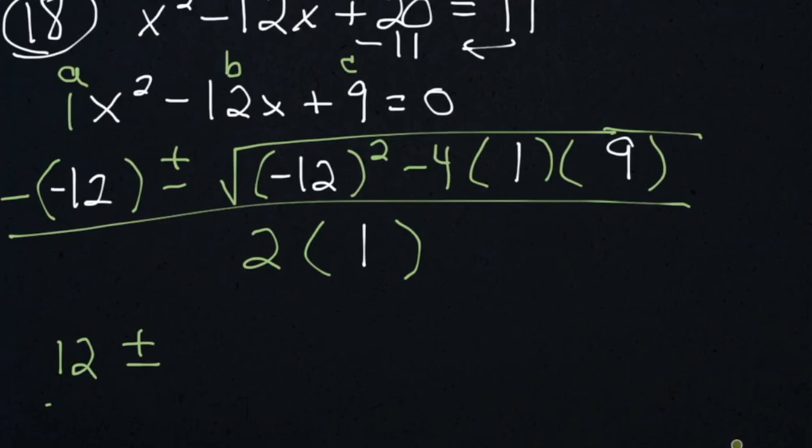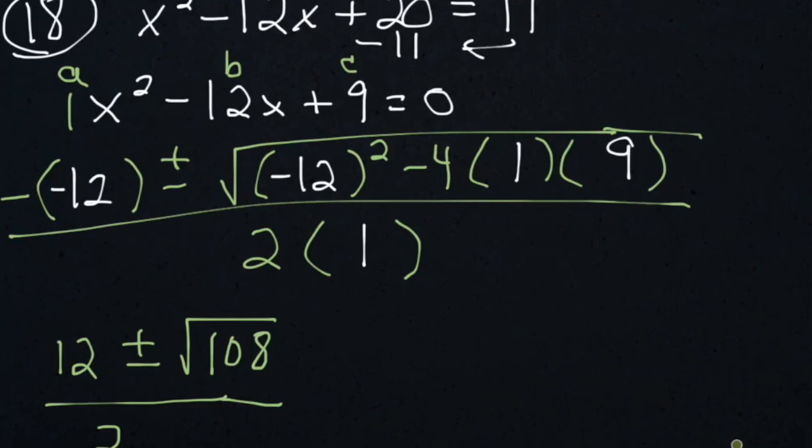Plus or minus, we'll do the square root in a minute. 2 times 1 is 2. So 12 squared minus 4 times 9 is 108. I can double check it and take the square root of 108, but it's not a perfect square. However, 108 is divisible by 36. So the square root of 108 is the square root of 36 times the square root of 3.